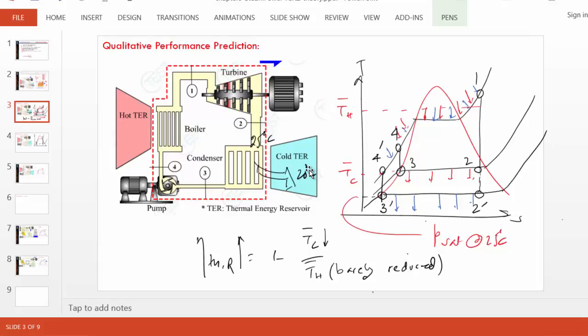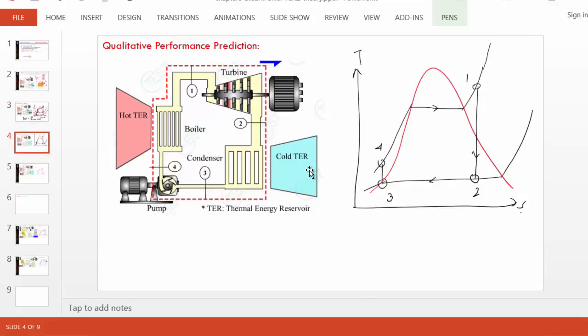Okay, now suppose we run another what-if scenario. Suppose we ask ourselves, how will an increase in the turbine inlet temperature affect the efficiency or the net output? Well, 1, 2, 3, 4 is the basic cycle.